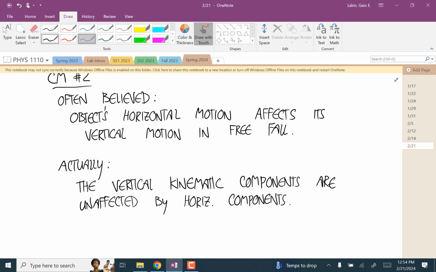But those are cases where air resistance is important. Okay, and so in cases where air resistance is not significant, you can calculate all the vertical stuff without knowing anything about the horizontal stuff, and it'll be right. Okay, so here's what I'm going to show you. I'm going to show you a Mythbusters video.